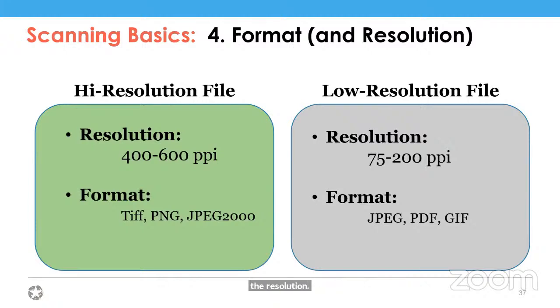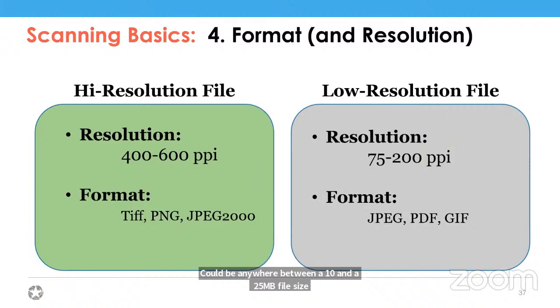And when I mentioned that the archival format is a lot larger file size versus the low resolution, as an example, let's take one color photograph. Say it's a 4x6 print. One color photograph saved as a high resolution TIFF file could be anywhere between a 10 and a 25 megabyte file size.